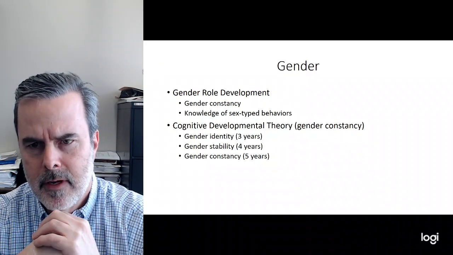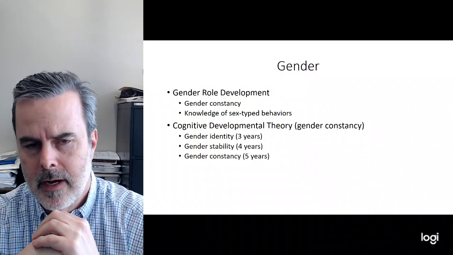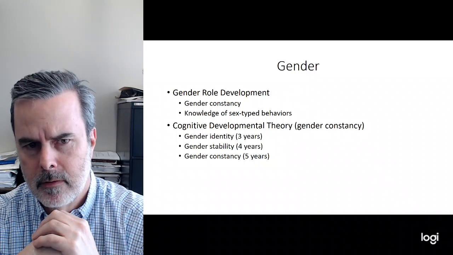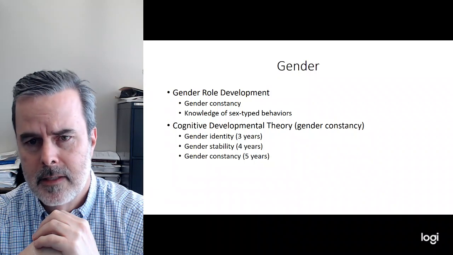So I'll talk about both of those things, focusing on three theories of gender role development, which I'll mention briefly now and then discuss in a moment.